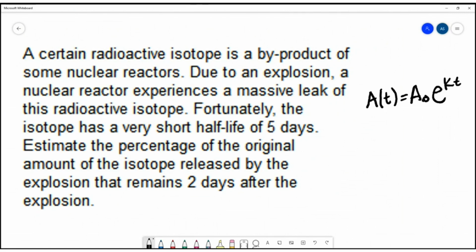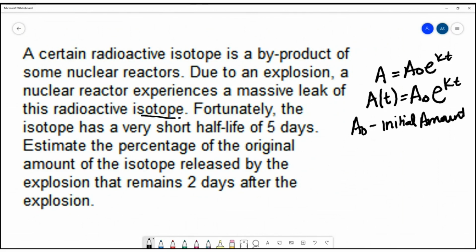Sometimes I write it A equals A naught e to the kt. A naught, that is your initial amount. So in this case, that would be the amount of the isotope that we start with.